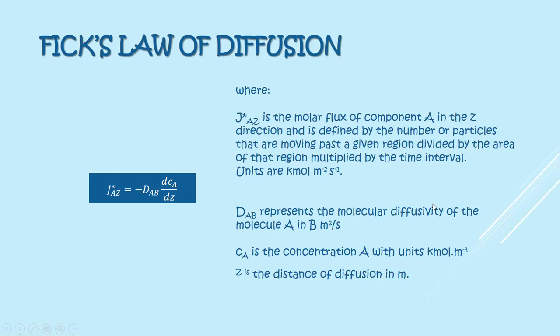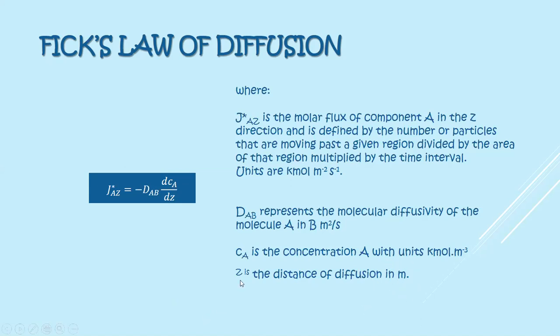Now, what about the C sub A? We commonly represent concentration as C, so it's the same thing in here. Your C sub A is the concentration of A with units kilomole per cubic meter. And your Z is the distance of diffusion in meters, or the distance where your A is coming from a certain point 1 transferring to a certain point 2, which has a distance of Z meters.